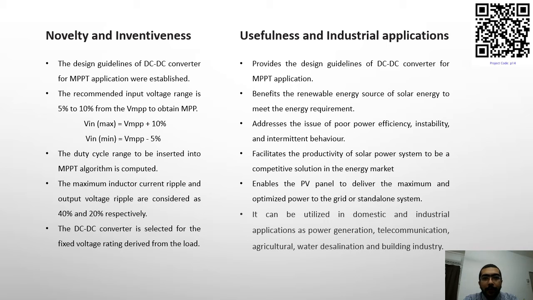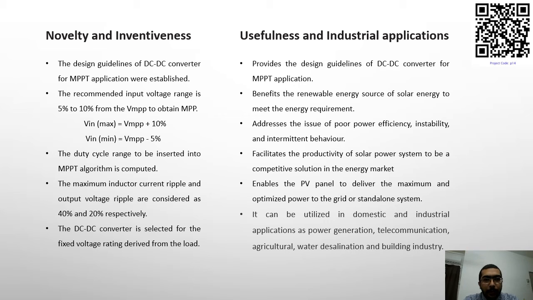This project benefits the renewable energy source to meet energy requirements and address the issue of poor power efficiency, instability and intermittent behavior. It is essential to apply solar energy for a wide variety of applications and provide energy solutions by improving the energy stability and system efficiency. This study facilitates the efficiency of solar power systems, which enables it to be a competitive solution in the energy market.